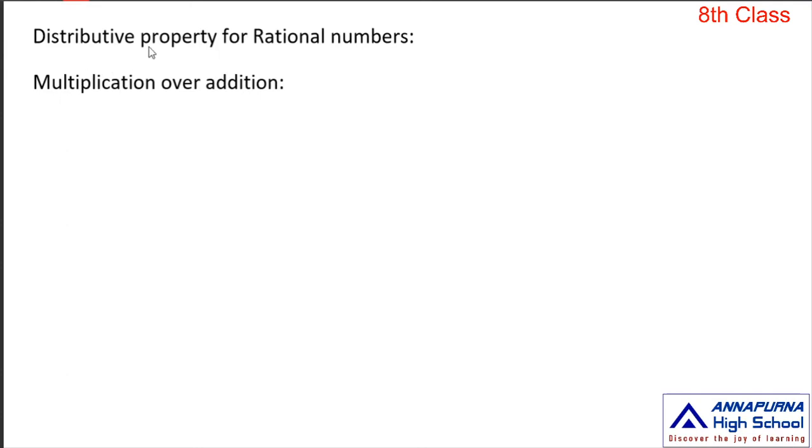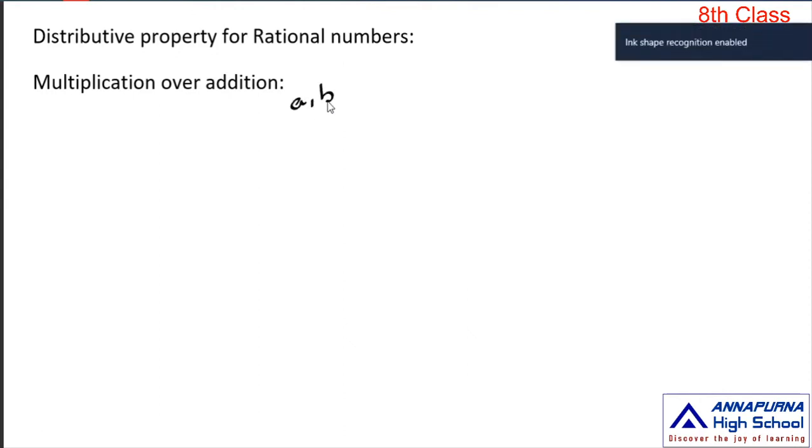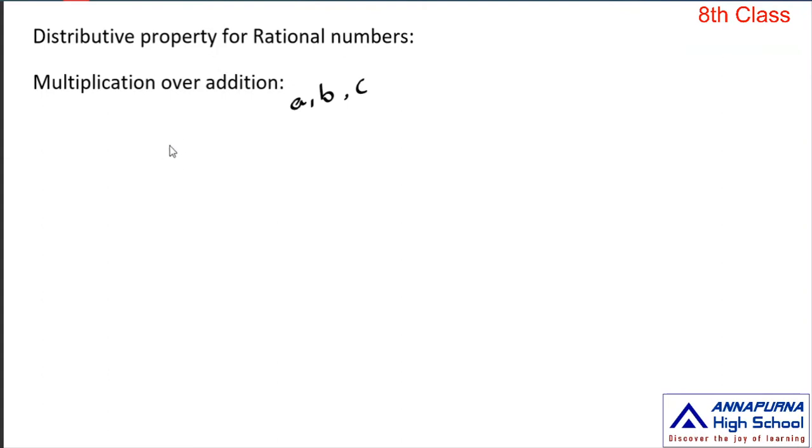So what is the distributive property for rational numbers of multiplication over addition? What is the mathematical condition involved? If you take any 3 rational numbers a, b, c, then a into (b plus c) is equal to a into b plus a into c.